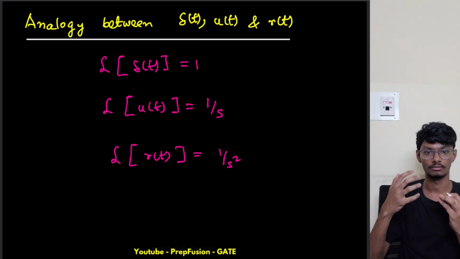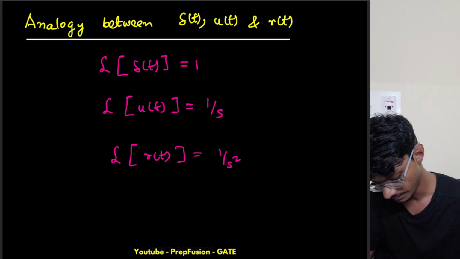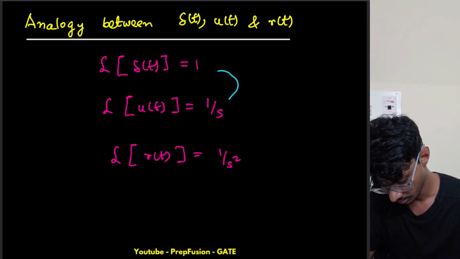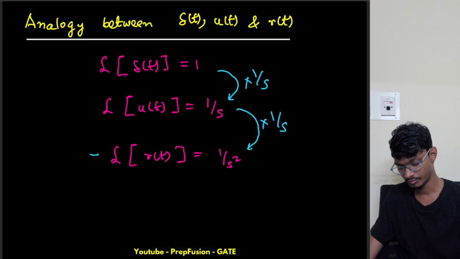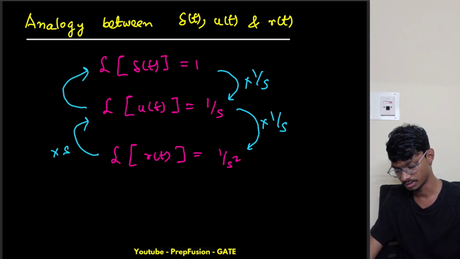Now we can see the analogy: shifting from here to here, we multiply by 1 by s, and again from here to here, we multiply by 1 by s. If I shift back, we multiply by s each time.